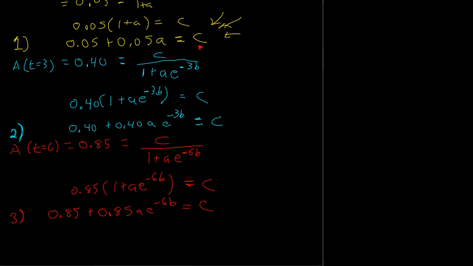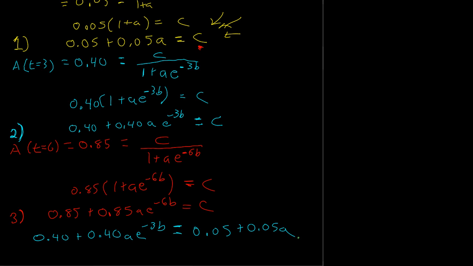So let's see, I want to do the blue. I'm going to take number 1, and this is the blue equation: 0.40 plus 0.40 A e to the negative 3b equals, and instead of the C, I want to write this, 0.05 plus 0.05 A. Now I only have 2 variables to deal with.